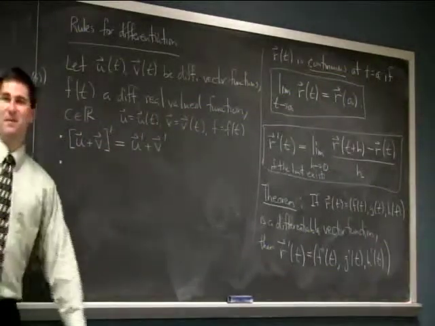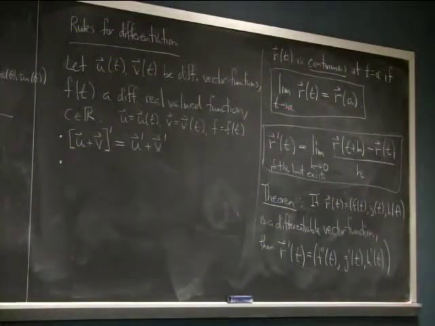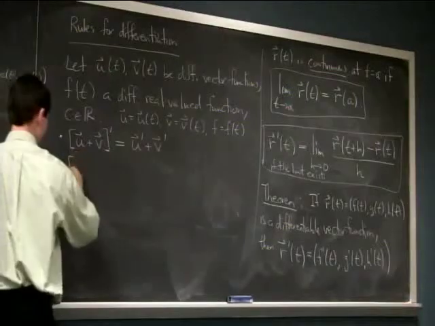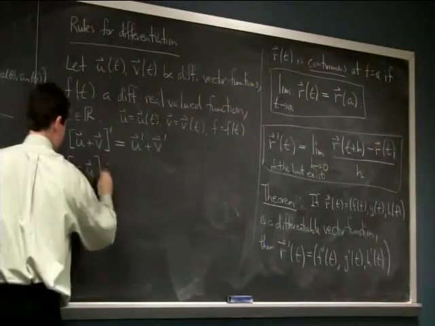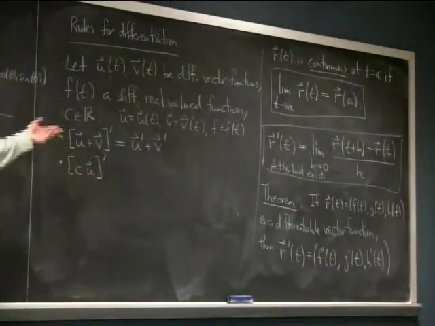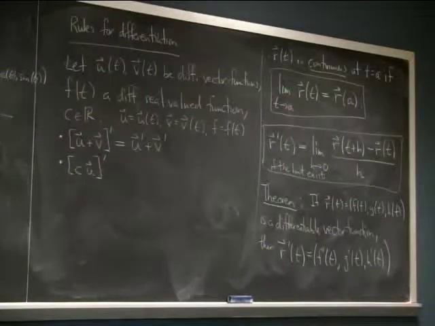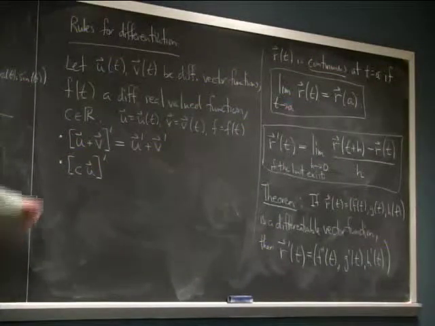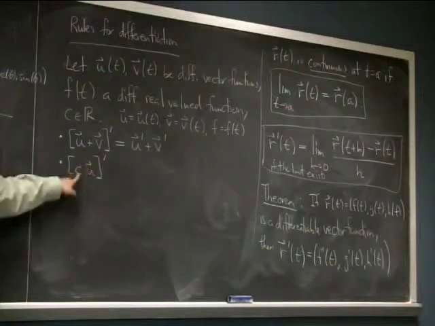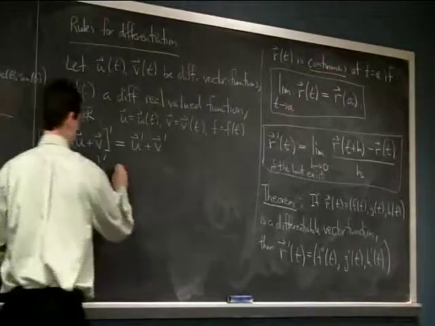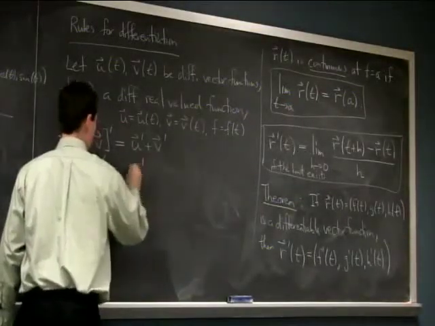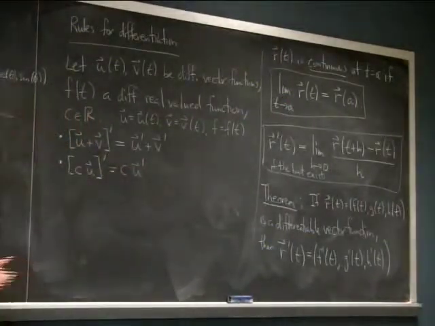Any guess what the next one's going to be? c. Linearity, right? This is the linear transformation. Okay. If you multiply a vector function by a constant and take the derivative, this is the same as taking the derivative and then multiplying by the constant. Okay, done.